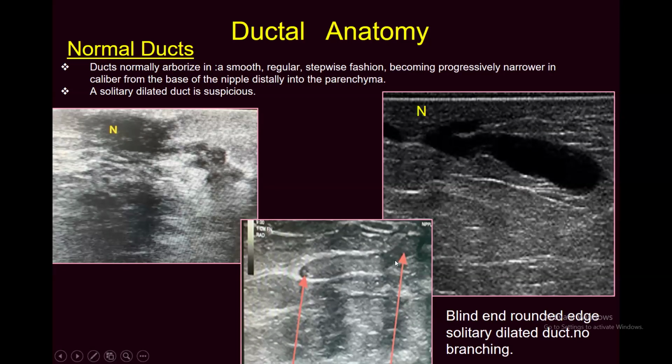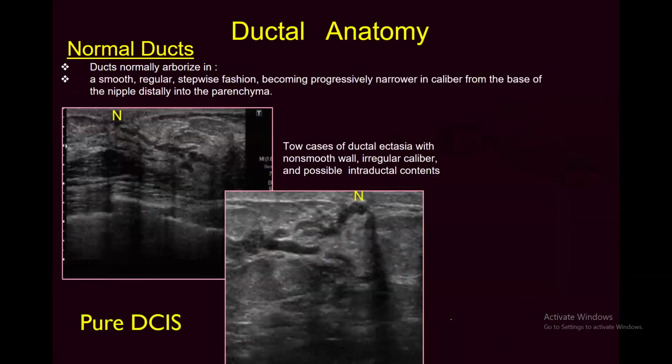This is anechoic, and this is filled with an intraductal lesion extending toward the nipple. This is an intraductal mass, and this is also suspicious, having a beaded appearance with intraductal lesions and possible fine bright echoes representing calcifications. These are examples of pure DCIS.